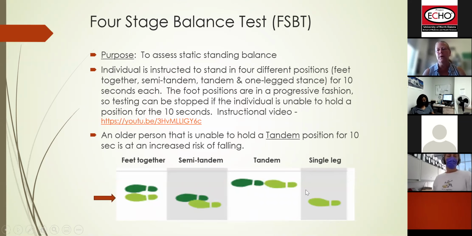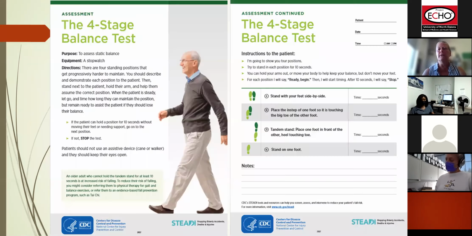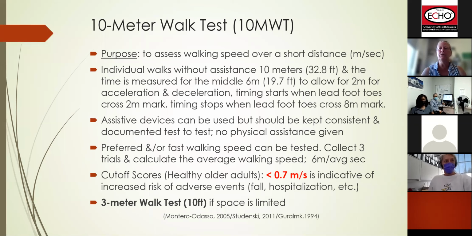Very quick way of doing assessment there. And again, this is outlined for you in the CDC program. So if they can't get to 10 seconds, then they would be at an increased risk of falling. 10 seconds is usually for the tandem stance.